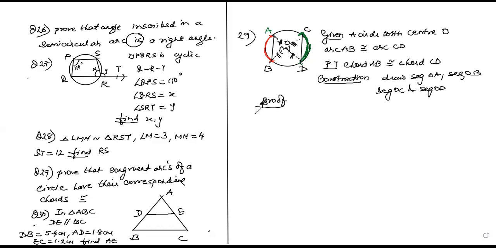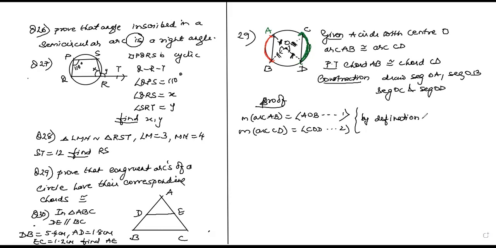You can see, I'll show it to you once again. Measure arc AB is equal to angle AOB, I call this statement number 1. Measure arc CD is equal to angle COD, I call this statement number 2. दोनों का reason by definition of measure of minor arc.